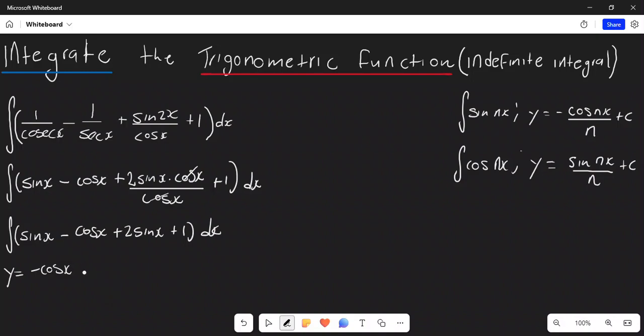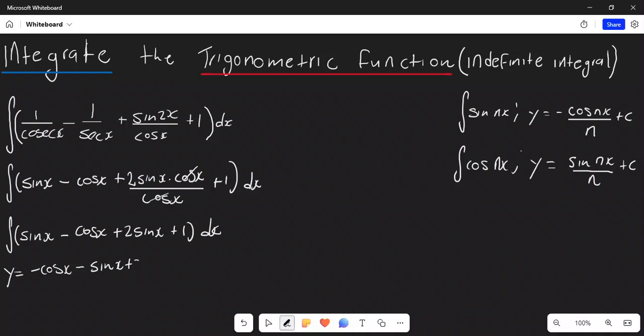So since this is negative here, and remember the integral of cos is positive, we want to have sine x. Our n is 1, divided by n, so that is going to be negative sine x. Remember this negative is from the expression there. Now what about this one here? We're going to use this one because we are integrating sine. It's just that here we have a coefficient, but then what is going to be our answer here?